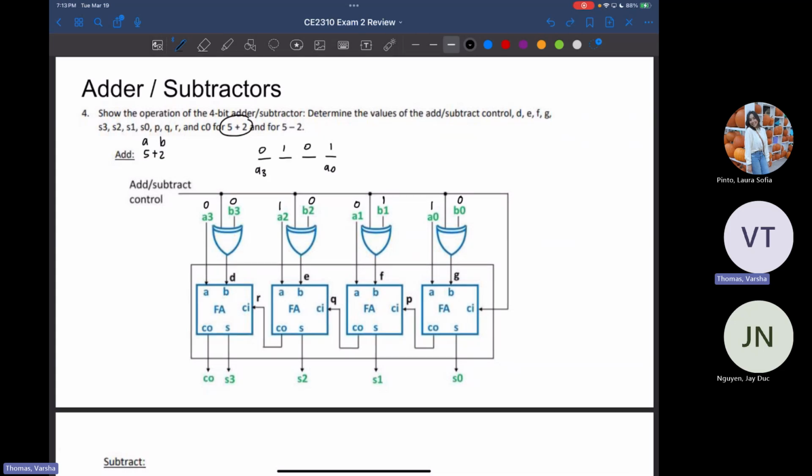These are XOR gates. An easy way to remember what XOR gates do is if the inputs are different, then your output is a 1.